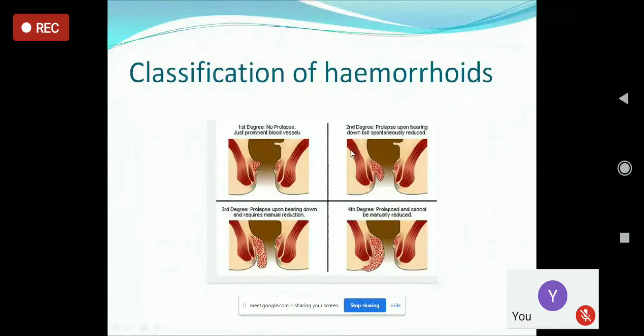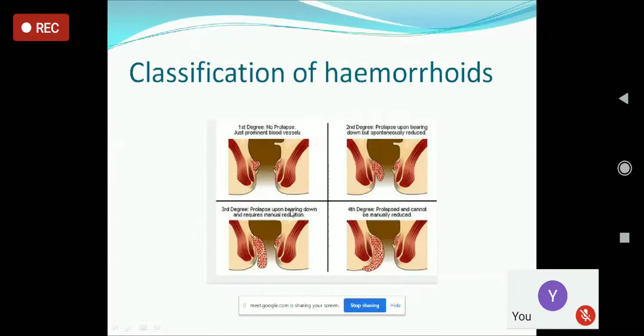Classification of internal hemorrhoids: it is divided into four degrees: first, second, third and fourth degree. First degree, look at here, is above the pectinate line with no prolapse, just prominent blood vessels. I'm talking about internal hemorrhoid classification, okay? Second degree prolapses upon bearing down and reduces spontaneously.